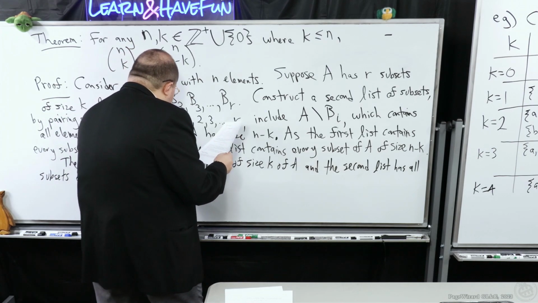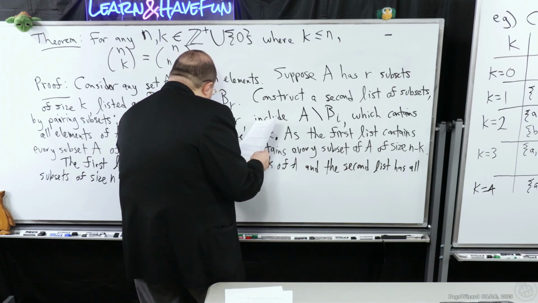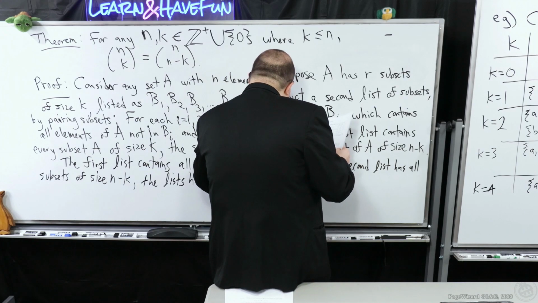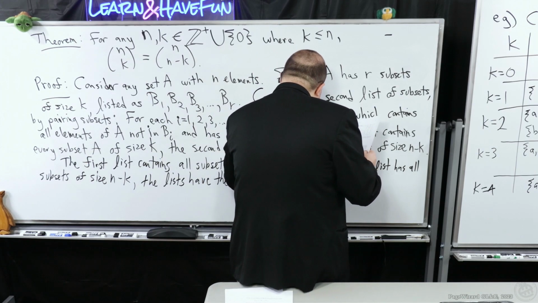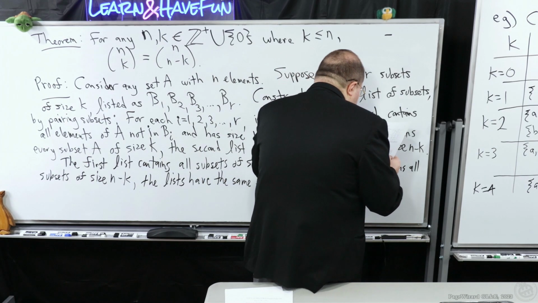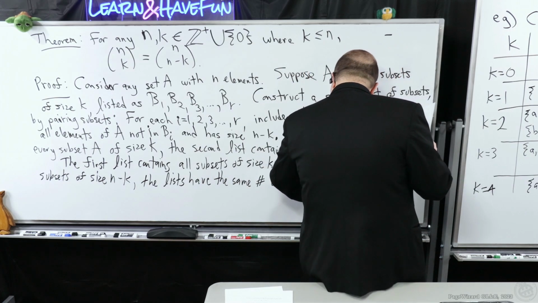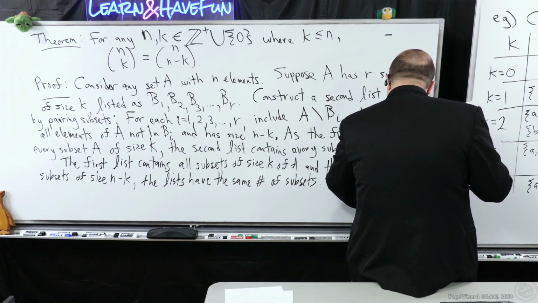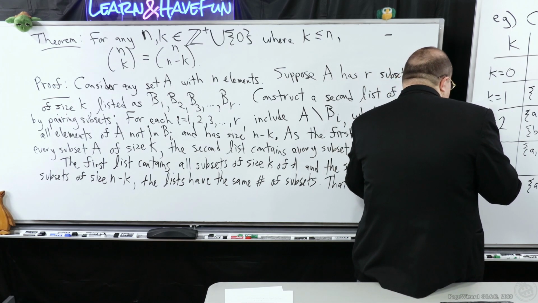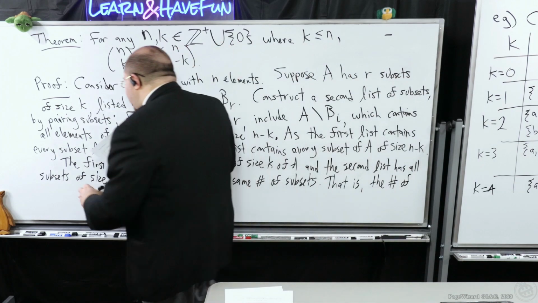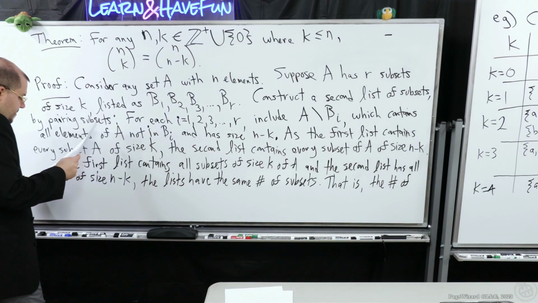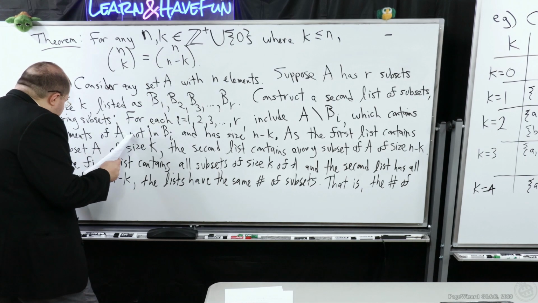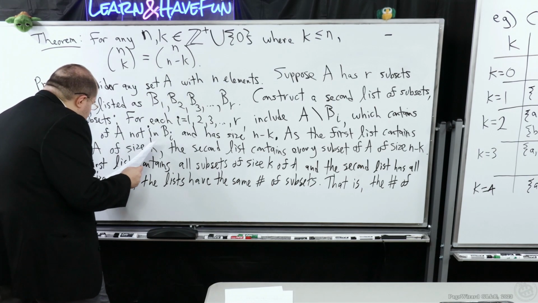The lists have the same number of subsets. That is, the number of subsets of A with size k.